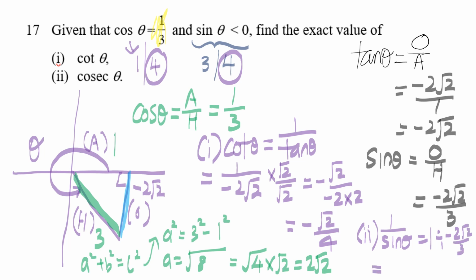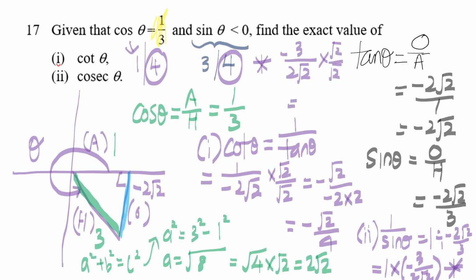Change your division sign to multiplication, so it will be 1 times negative 3 over 2 square root 2. So that gives you negative 3 over 2 square root 2. We need to rationalize it, so that will end up getting negative 3 square root 2 over 4.